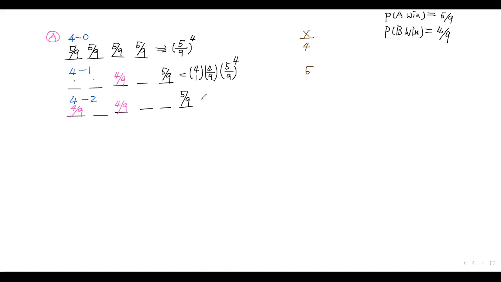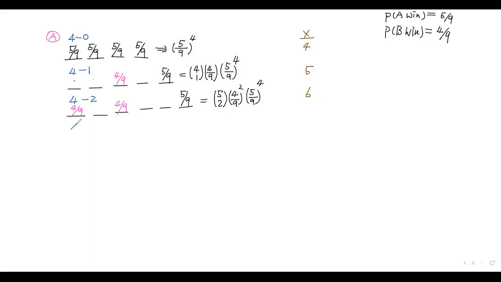So the probability here is 5 choose 2. I choose 2, right? Then the probability of losing is 4/9, so it's 4/9 to the square. Then how many are 5/9? 5/9, 1, 2, 3, 4. So it's 4. So how many games? 6 games, right?